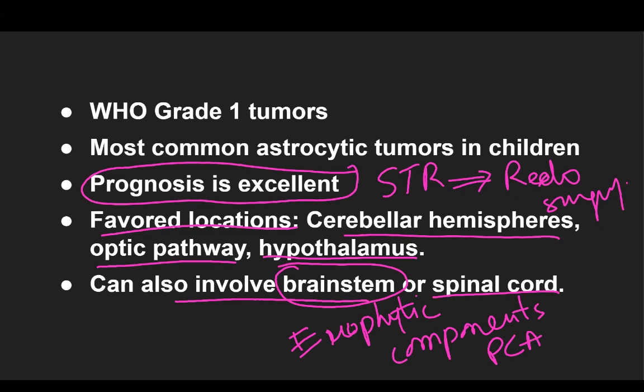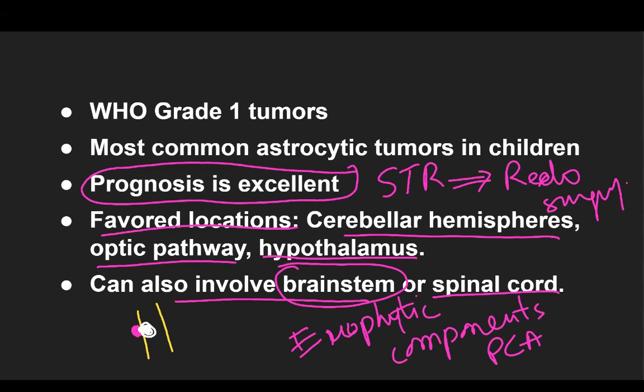Because what ends up happening is their cystic component is within the brainstem. I'll draw it here. Please excuse my poor drawing. Assume that this is brainstem. What ends up happening is this is the tumor and this cystic component is within the brainstem.